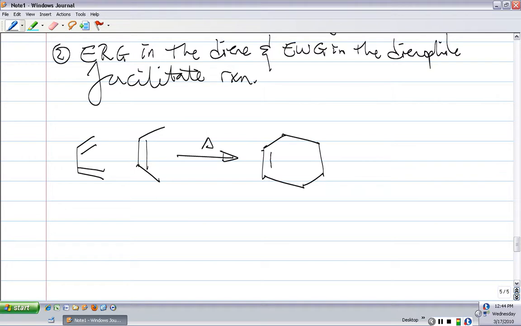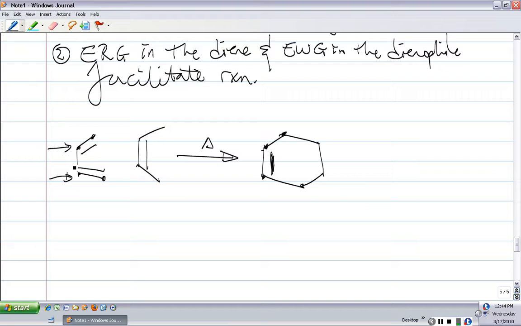The double bond of the cyclohexene will be couched in what used to be the diene unit. So again, these 4 carbons are here, 1, 2, 3, 4. And my pi bond is going to be formed between these 2 carbons, which were here.